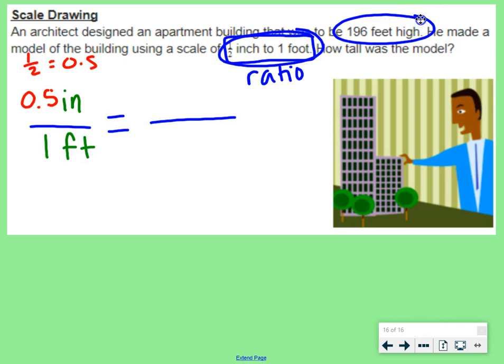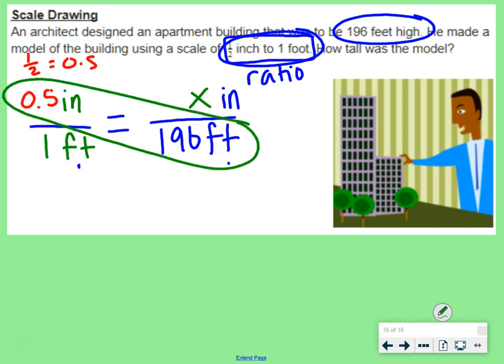And we know that the apartment building was to be 196 feet high. So we have 196 feet right here. Because we have feet on the bottom, so we'll put feet on the bottom. We want to know how tall was the model. How tall is this guy right here? So now when we solve this proportion, we'll find out in inches how tall the actual model was. So cross multiply, we need to do 0.5 times 196, and we get 98.